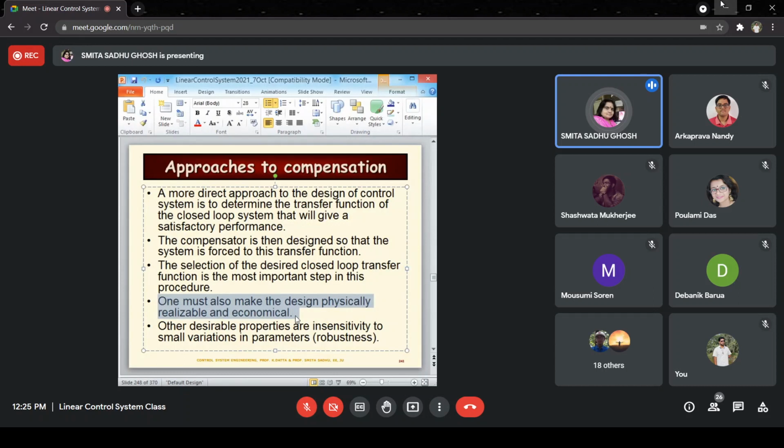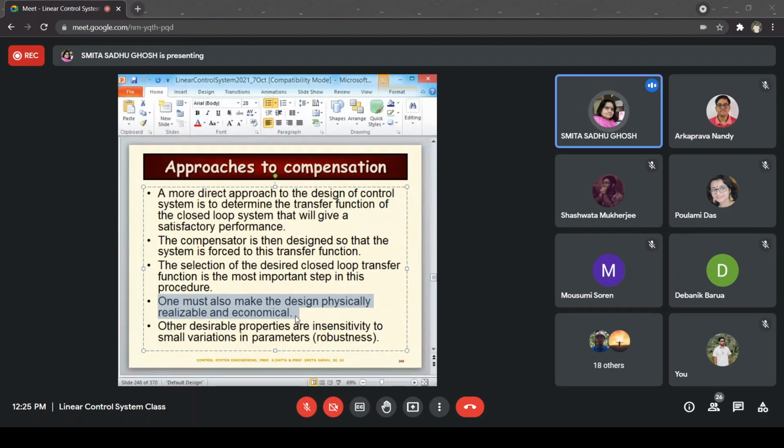So such systems are not physically realizable. So whatever your compensator transfer function is, that should be physically realizable and also economical. Naturally, if you want something which is not going to be economical, it would be a costly thing, and not many people would want your compensator even if you design it. So it should be economical.